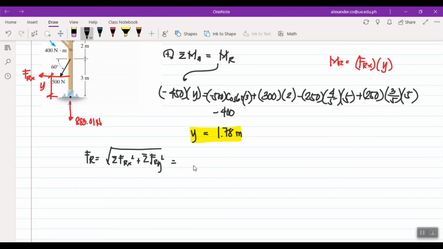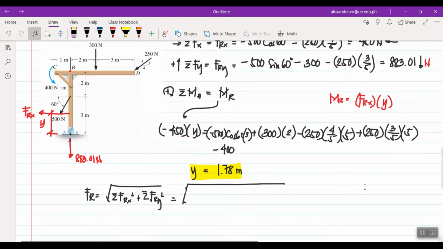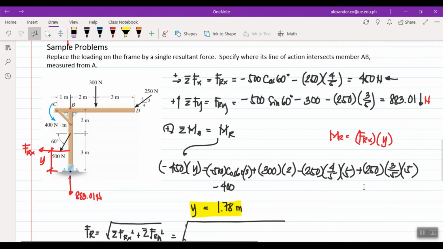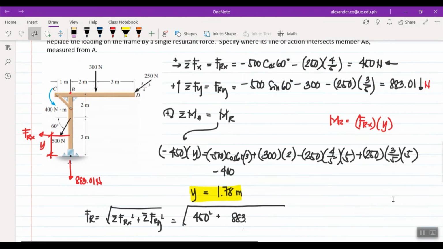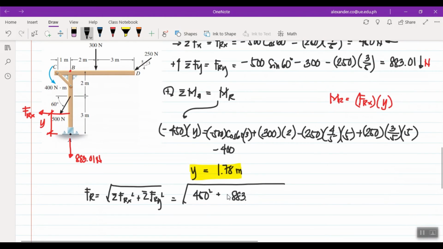So, ilan ang sagot? Yung summation ni x, regardless na sa direction, 450 tsaka 883. Teka, 450 plus 883.01, tama, 01 squared.